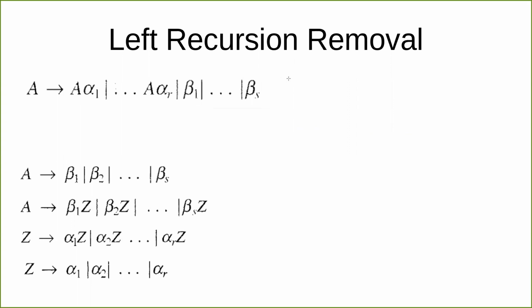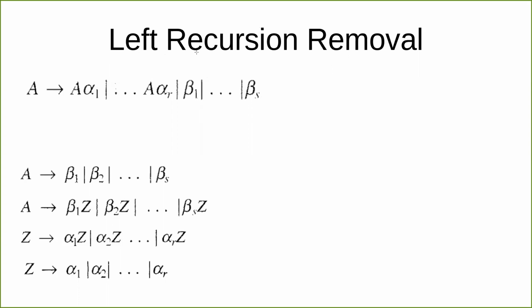This is a component for GNF, in the sense that if a given context-free grammar is not in GNF, then in the process of converting it into GNF, this is a requirement. So I'm going to discuss this first.